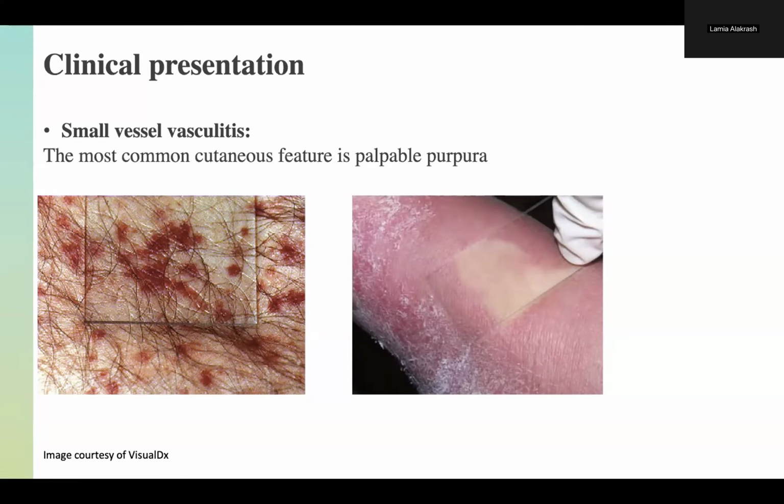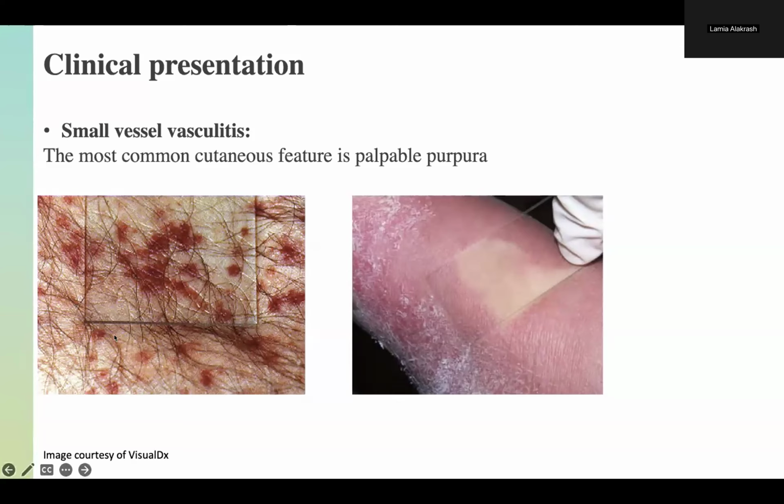What do we mean by diascopy? It is when we use a glass slide to apply pressure to the lesion to differentiate erythema secondary to vasodilation, for example, which will blanch. While in purpura or vasculitis, which is due to blood extravasation, usually it is non-blanchable. So all forms of purpura do not blanch with pressure.